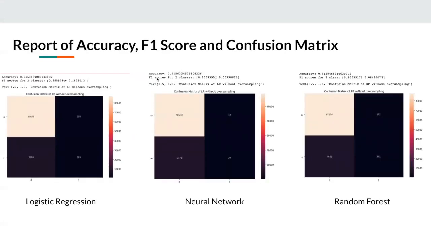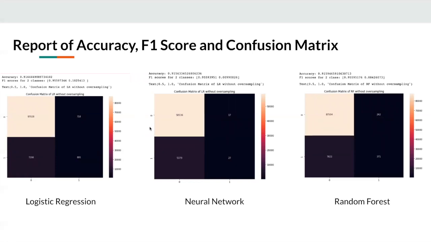So this is the result without the oversampling. As we can see, the F1 score for class 1 is on the right of here and here, here. As we can see, they are not very high compared to accuracy.